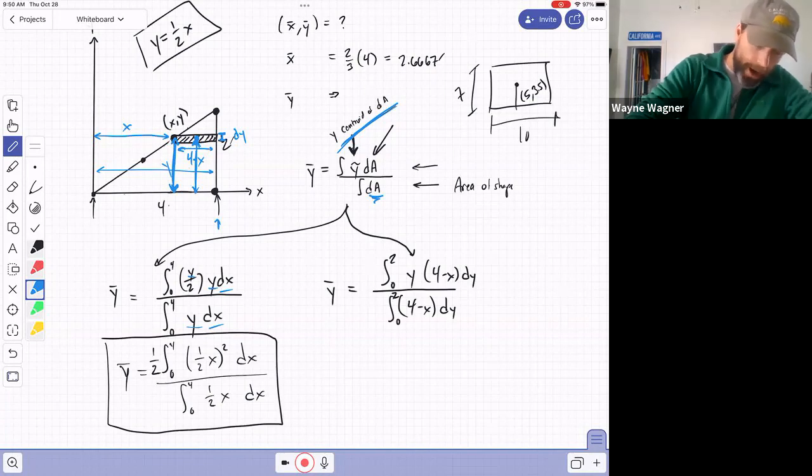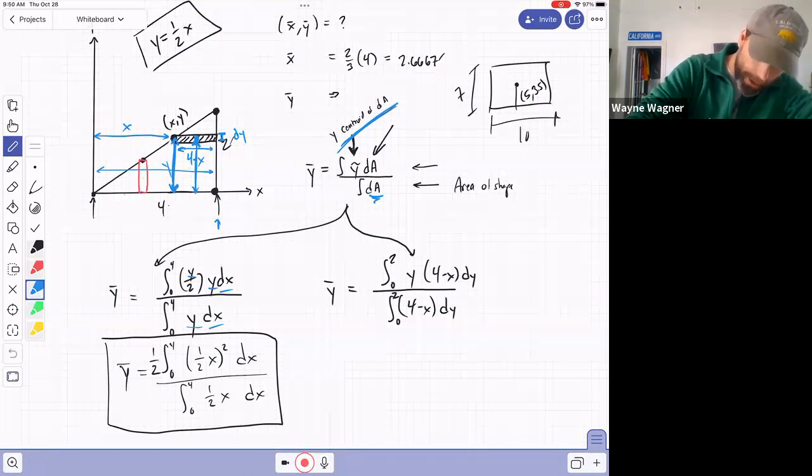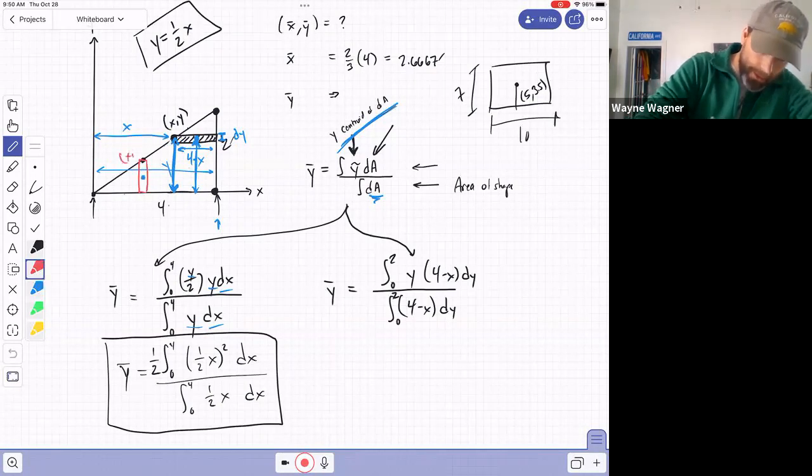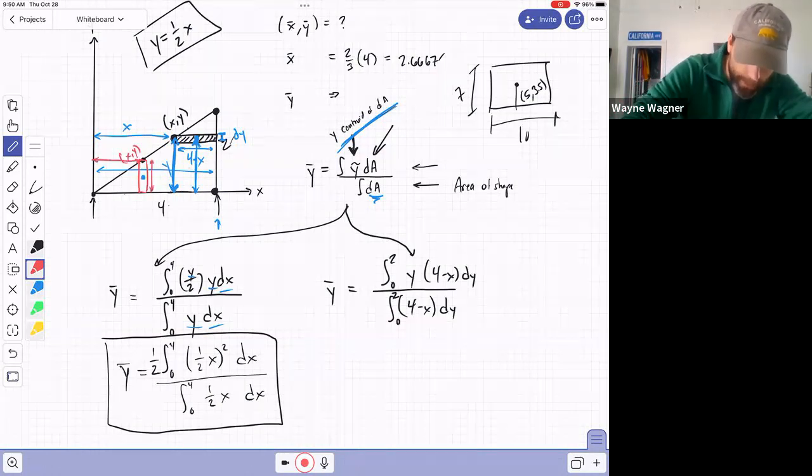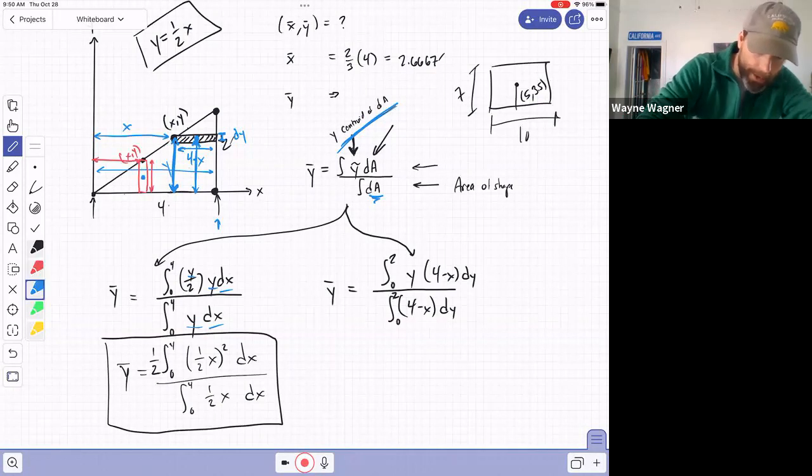Because the box went like this. So the y centroid was right there. So this had units of x comma y. So this was x going this way, and this was y going this way. And how far away is this in the y direction? Well, it's half of that.